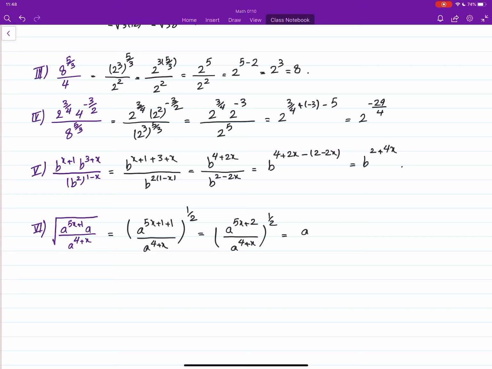This gives us a to the power 5x plus 2 minus 4 plus x, to the power half, and that is a to the power, okay, 5x minus x is 4x, and 2 minus 4 is negative 2, to the power half.